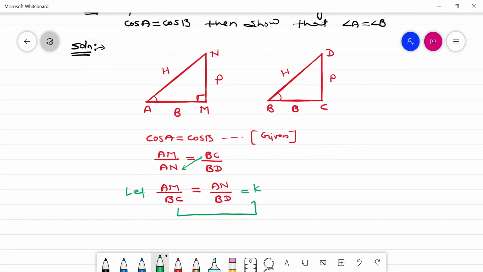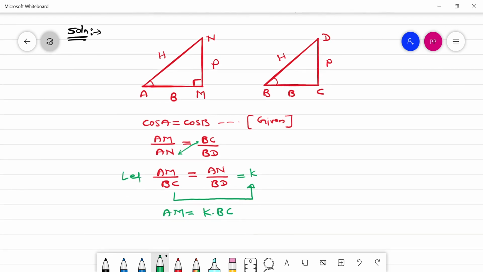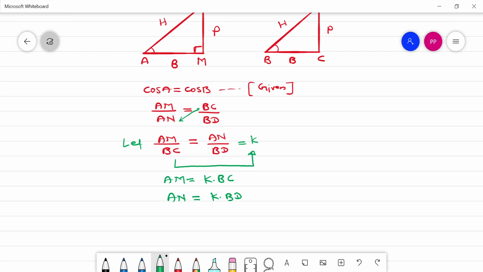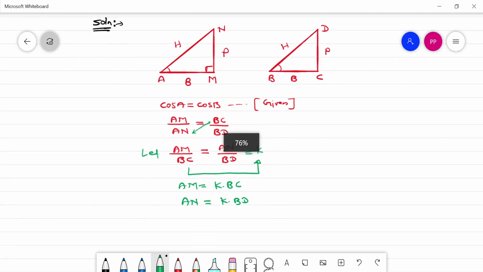So what is the value of AM that we get? AM is equal to K into BC. Similarly, we will get AN as K into BD. Right. So we got these two values.